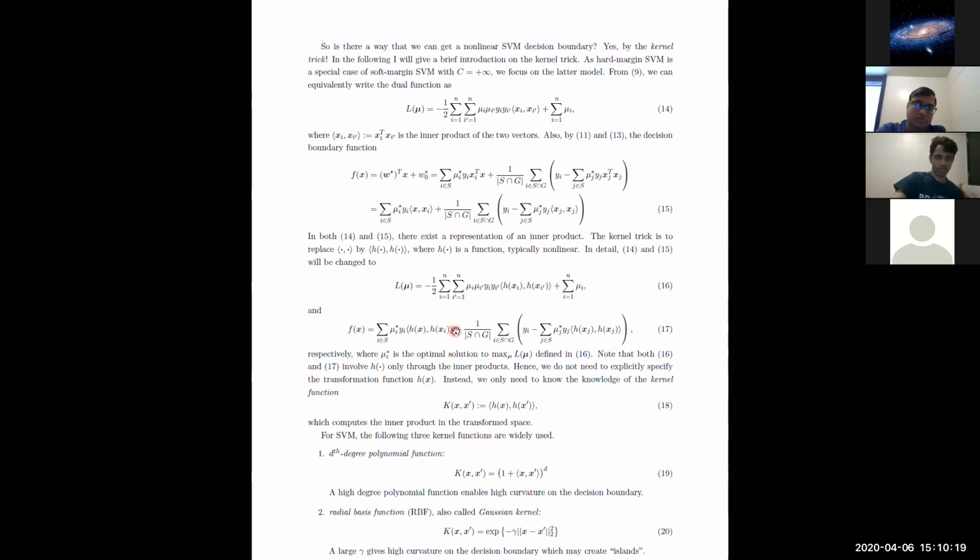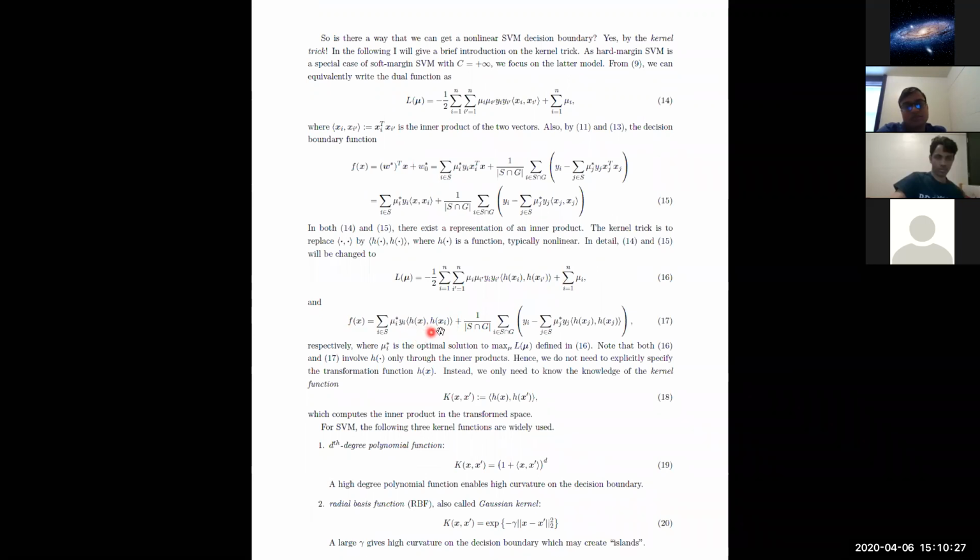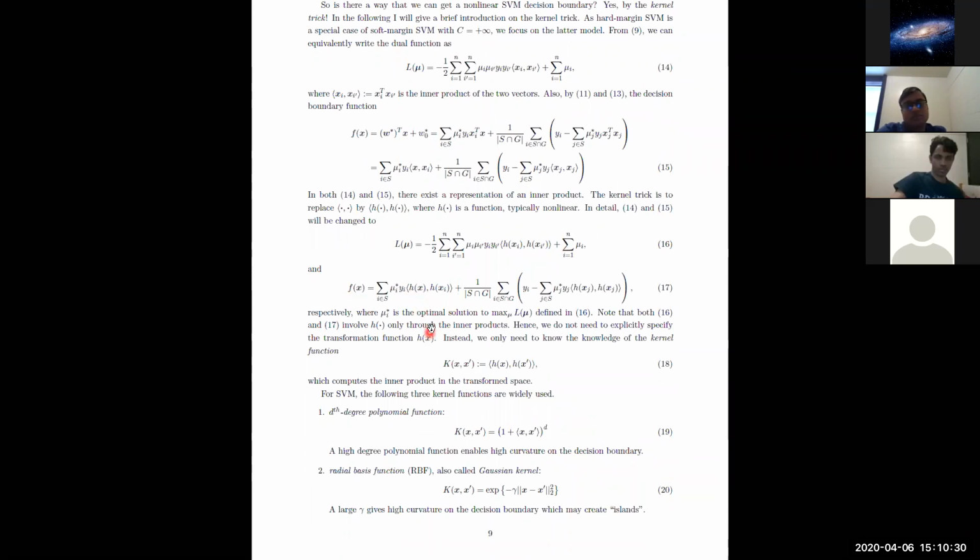Since in all these, no matter the dual function or my decision function, h(x) appears in terms of this kind of inner product, in many cases I don't need to care what exactly h(x) itself is. I only need to care about the kernel function, which is the inner product of h(x) and h of another node.